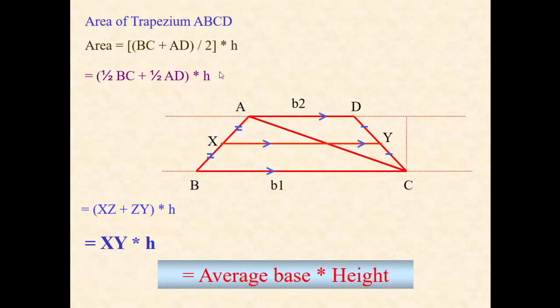Therefore, XY, which is called the average base, joins the midpoints of AB and the midpoint of DC. Then the area of trapezium equals number 1, B1 plus B2 over 2 times height. Number 2 equals average base times height.